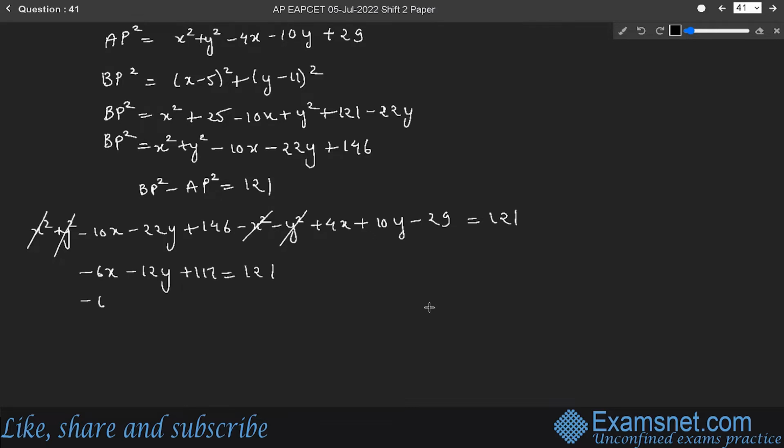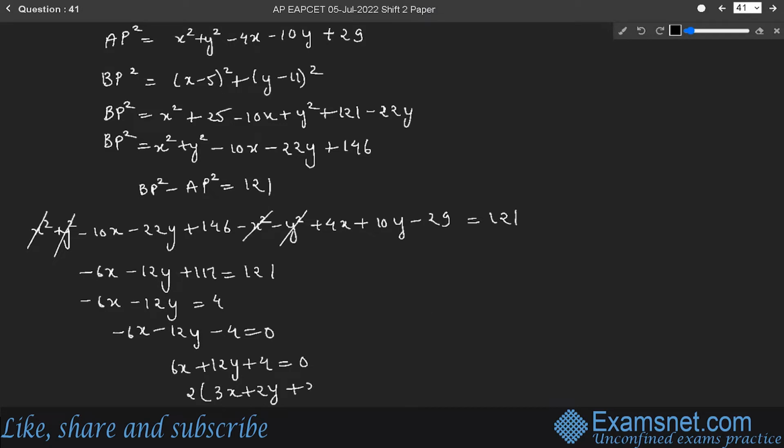So it can be written as minus 6x minus 12y is equal to 4, or minus 6x minus 12y minus 4 is equal to 0. Taking all the terms on the other side, it will be 6x plus 12y plus 4 is equal to 0. Taking 2 common, it becomes 3x plus 2y plus 2 is equal to 0.